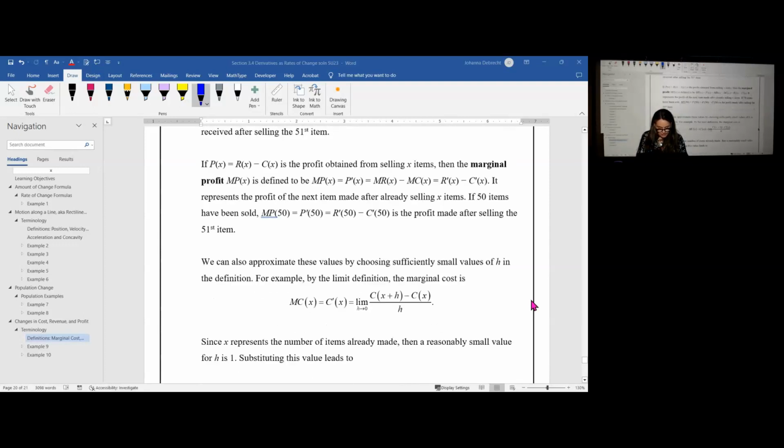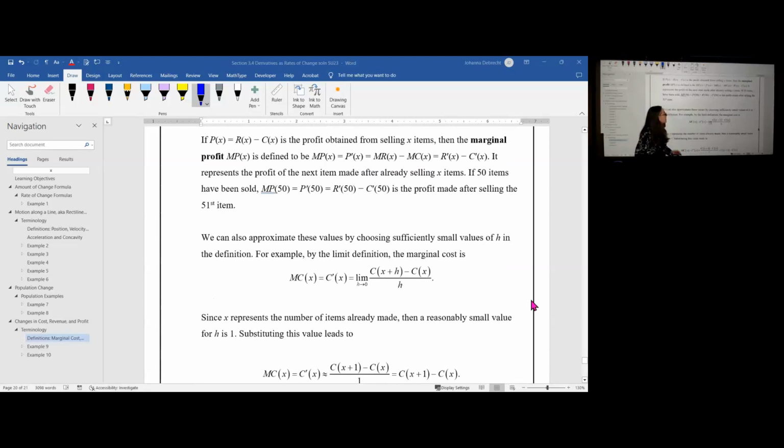If we've already sold 50, the marginal profit of 50 is the profit received from selling the 51st item. It's also given by the marginal revenue at 50 minus the marginal cost at 50. We can also approximate these values using that approximation formula that we found at the beginning.